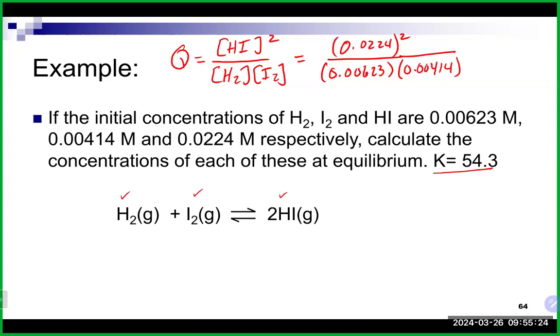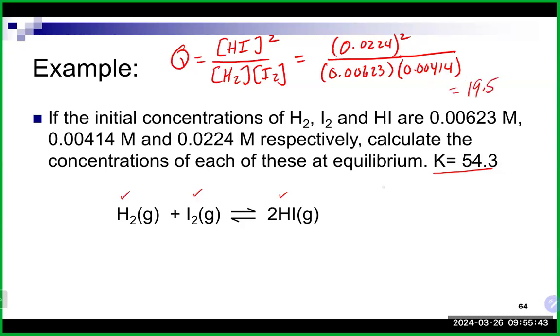If we put all that in, we will get 0.0224 squared divided by 0.00623, hit equals, divided one more time by 0.00414. And that's going to give us, we'll call it, 19.5.